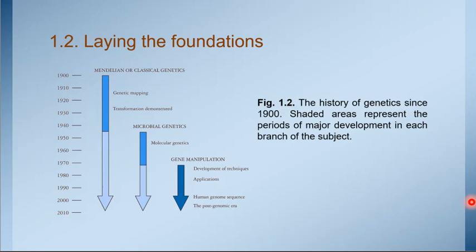Microbial genetics became established in the mid 1940s, and the role of DNA as the genetic material was confirmed. During this period, great advances were made in understanding the mechanisms of gene transfer between bacteria, and a broad knowledge base was established from which later developments would emerge.